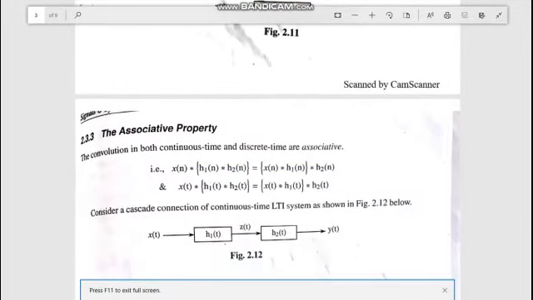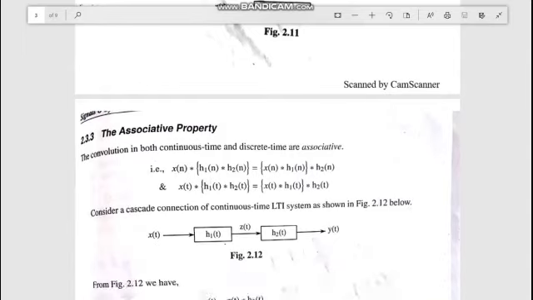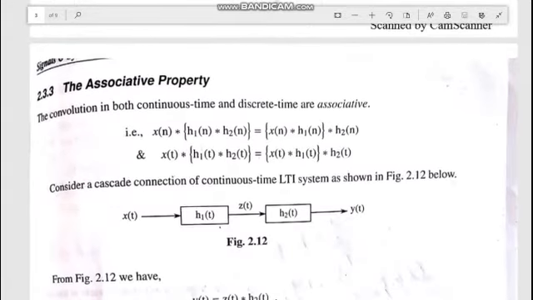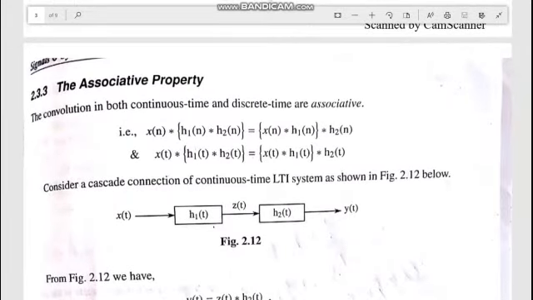The third property is the associative property. In this property, the convolution of both continuous time and discrete time is associative. So we can represent the signal x of n convolved with h1 of n and then h2 of n.